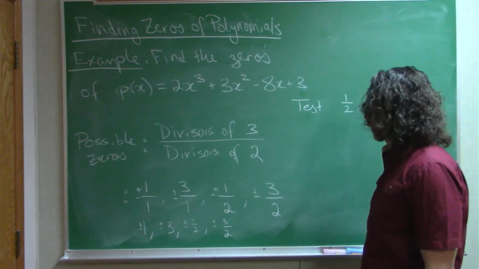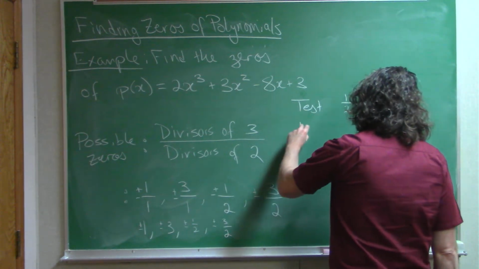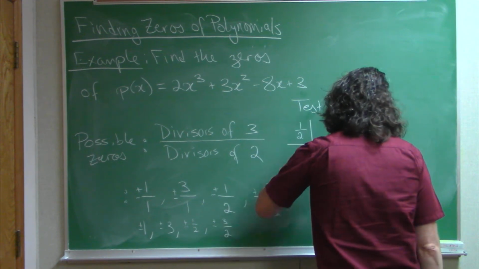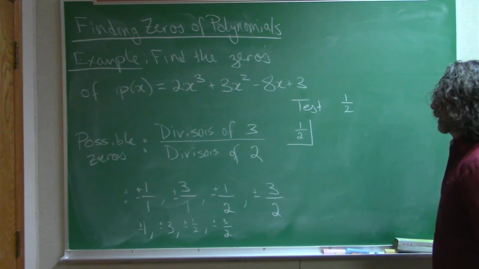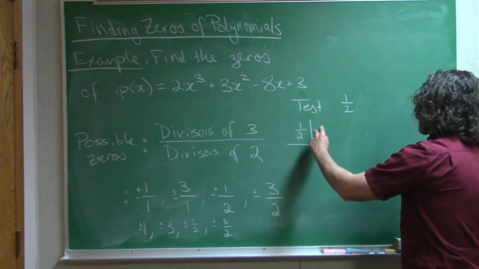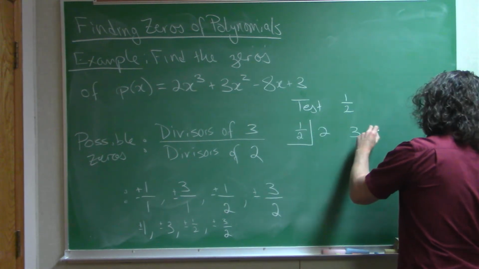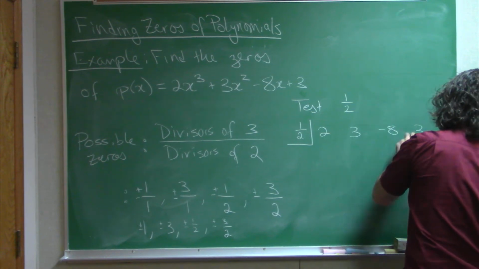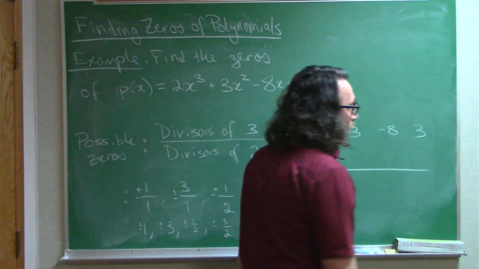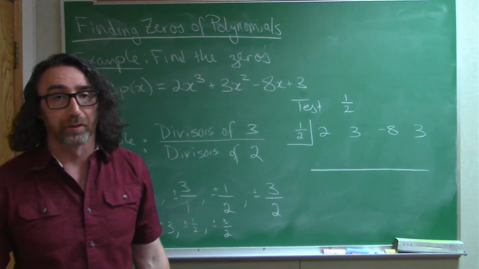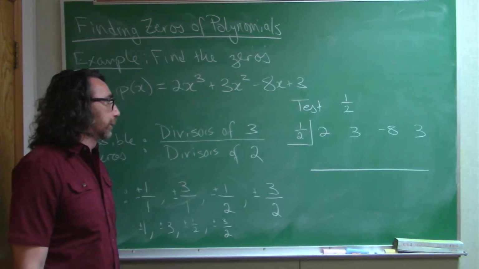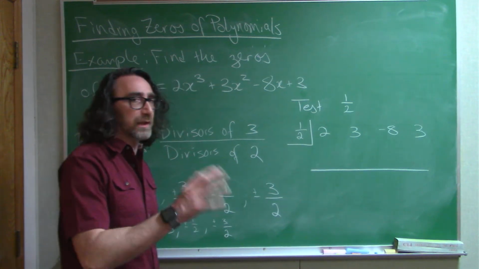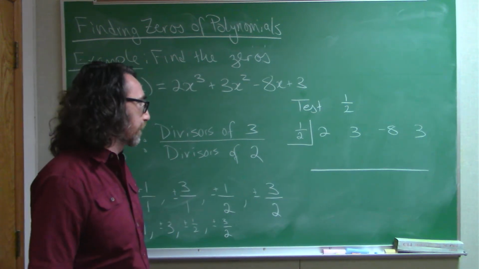Okay, so you can start testing anything you want on this list. I'm going to start by testing 1/2. 2, 3, -8, 3. It'll also give us a chance to get some practice with a fraction in the synthetic division setup. Okay, so we're testing to see whether x equals 1/2 is a 0.